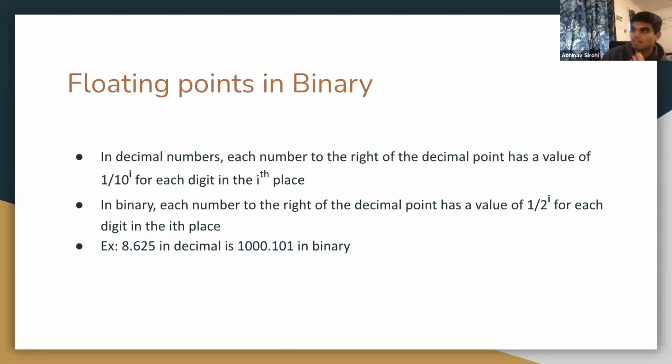So basically, we went over this part last time. In decimal numbers, each digit to the right of the decimal point has a value of 1 over 10 to the i for the ith place. So we have the tenths, the hundredths, and the thousandths place, which are 10 to the negative 1, 10 to the negative 2, and so on.